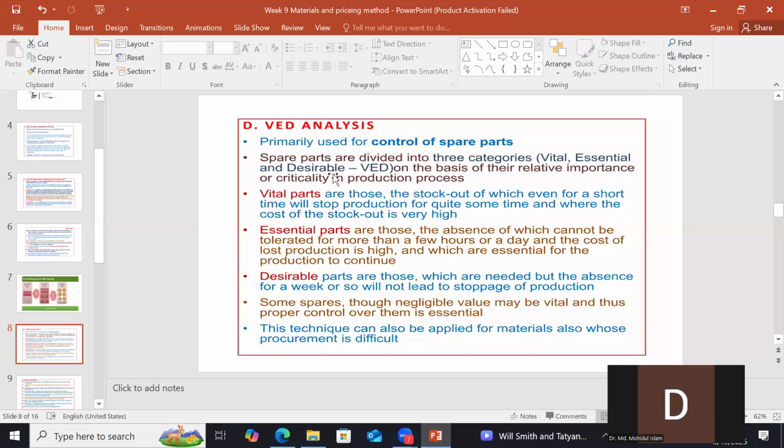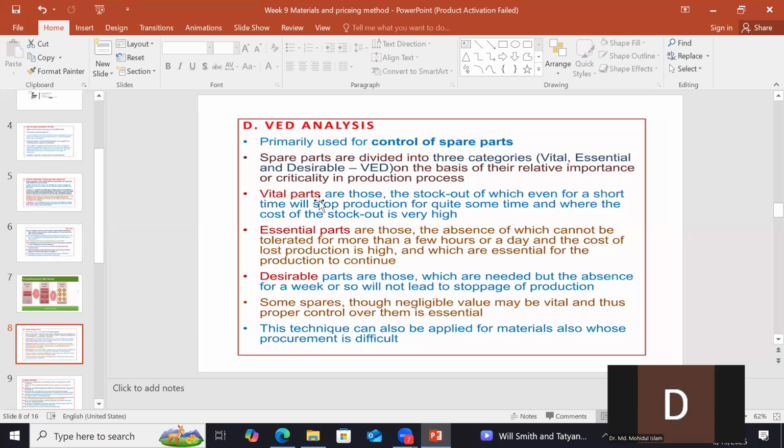In production, products are categorized by VED, vital parts, on the basis of their relative importance or criticality in the production process.